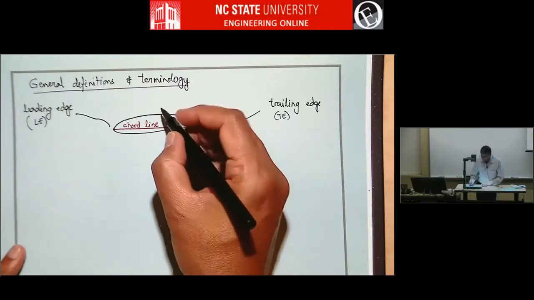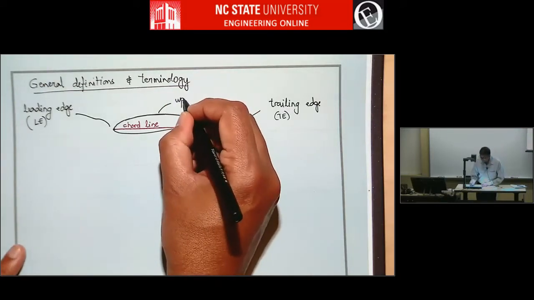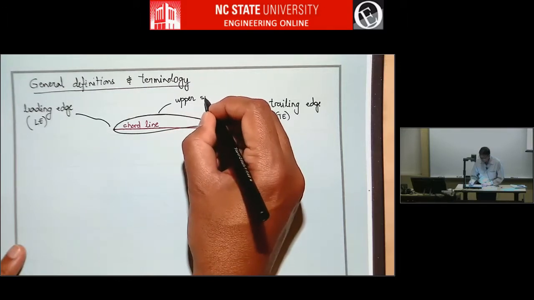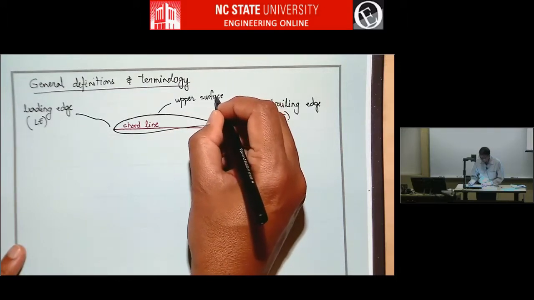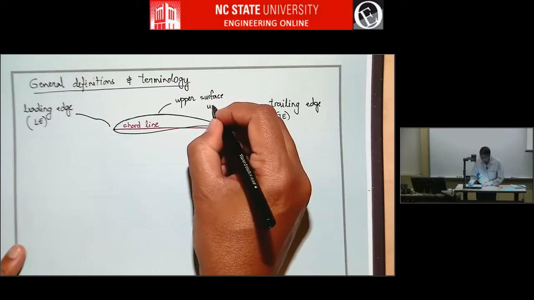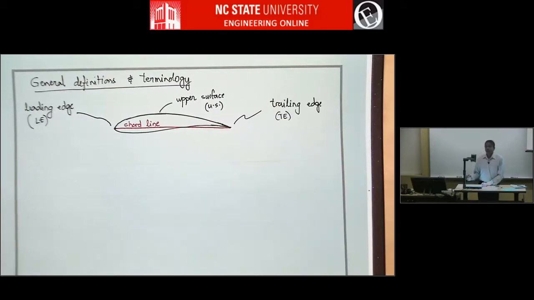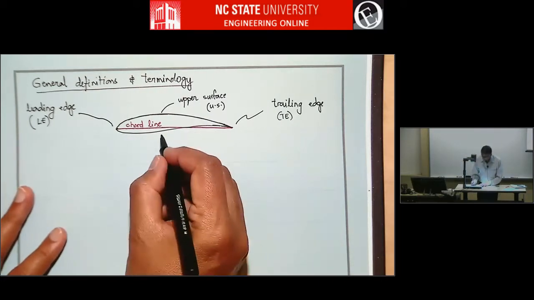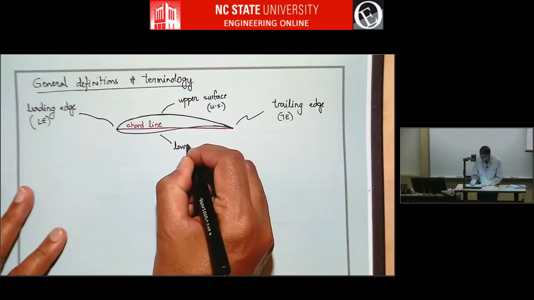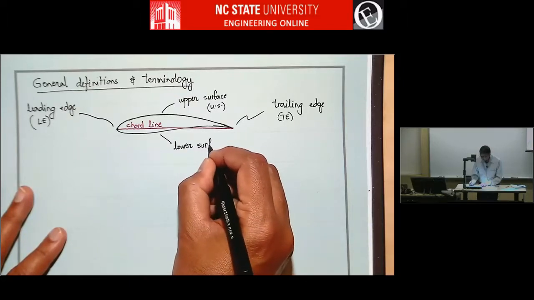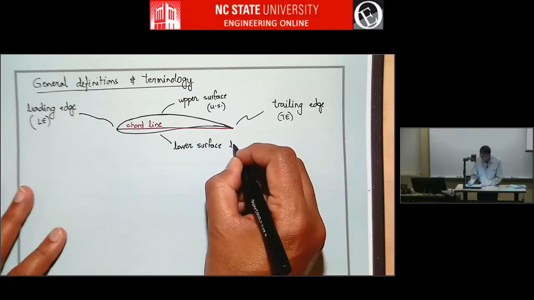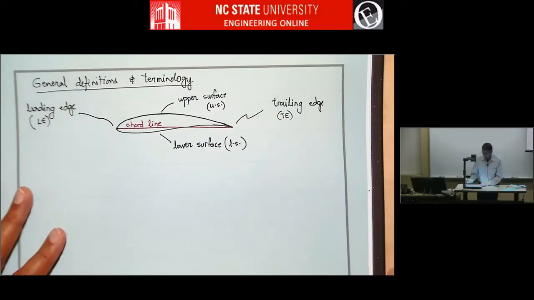And this surface is the upper surface, and we'll be talking about it like aeronautical engineers, not like a race car engineer, right? So for race car people, that will become the lower surface because they put it upside down. And this is the lower surface. Again, the abbreviations we're going to use are US and LS.